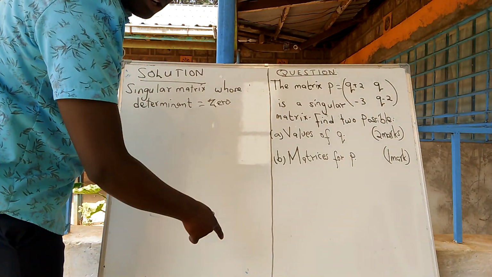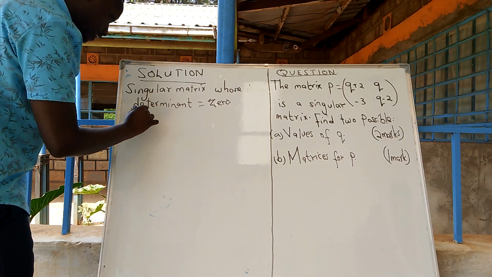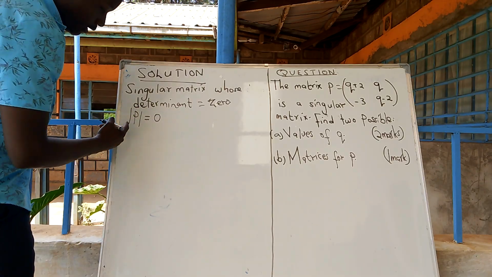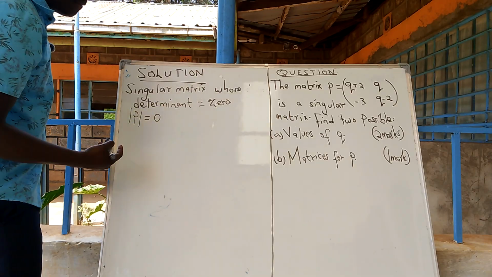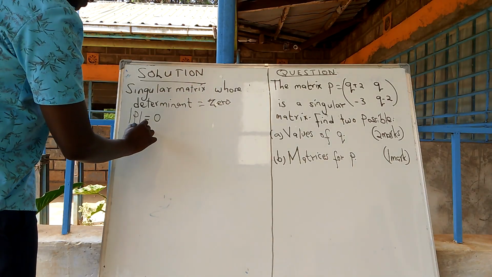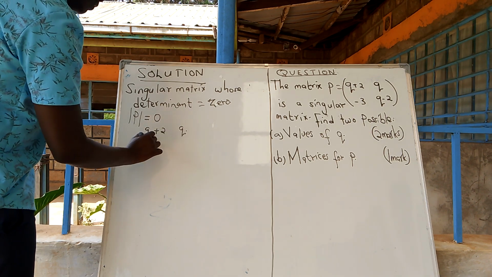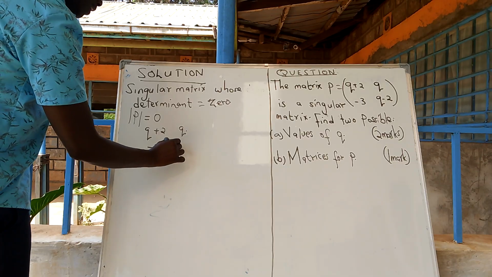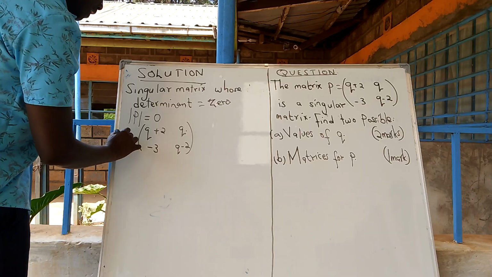Hiyo ndo tunaitanga singular matrix. Kwa hivyo ile matrix P, the determinant of P is equal to 0. These two slashes zinamaanisha determinant, it is equal to 0. So matrix Q plus 2, Q, minus 3 na Q minus 2, determinant ya hii matrix ni 0.